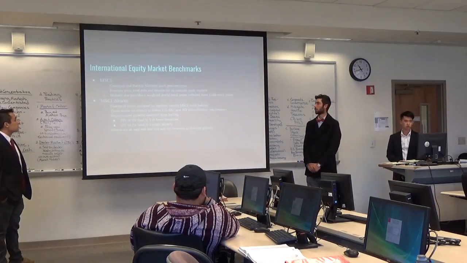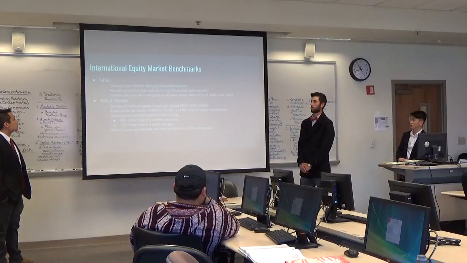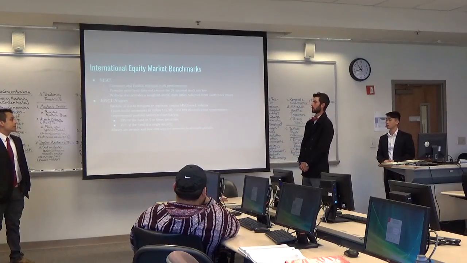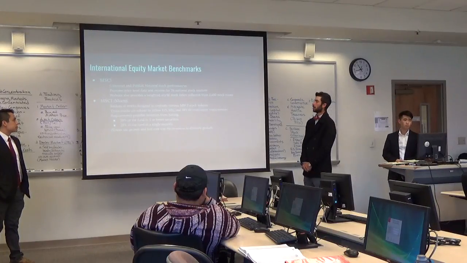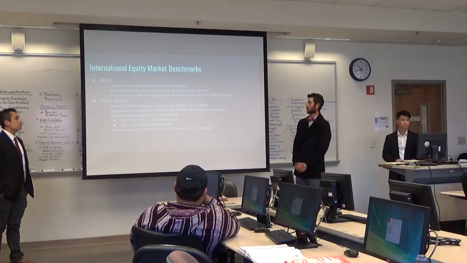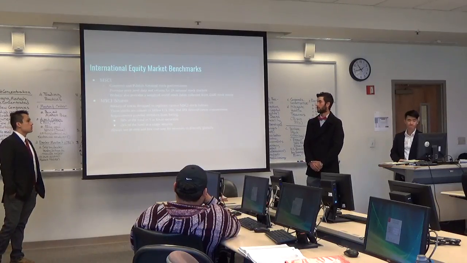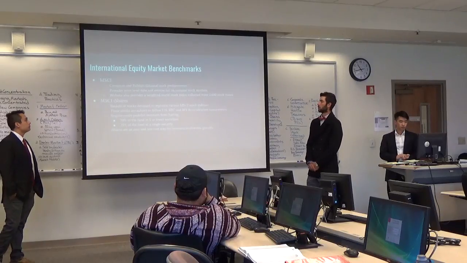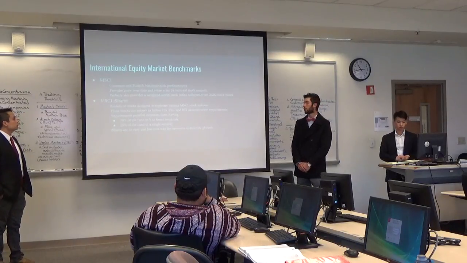So, international equity market benchmarks. This is where we get into what we're talking about: diversifying, going global. MSCI is a database that constructs and publishes national stock performances, and provides price level data and returns for 24 national stock markets.